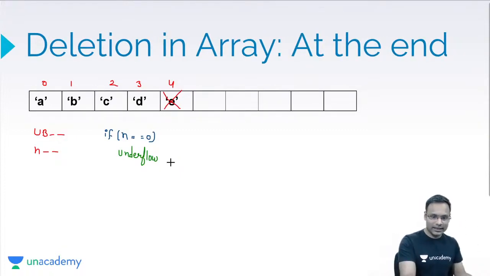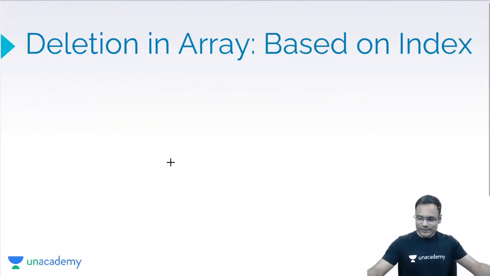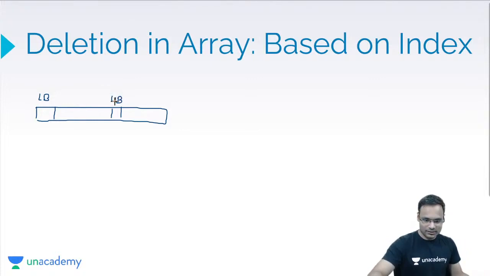Let's talk about the second one now, that is deletion based on the index. Suppose an array is given from lower bound to some upper bound and deletion is asked.